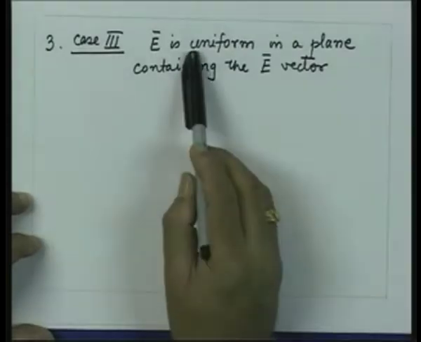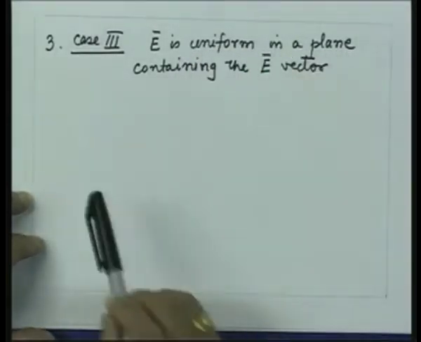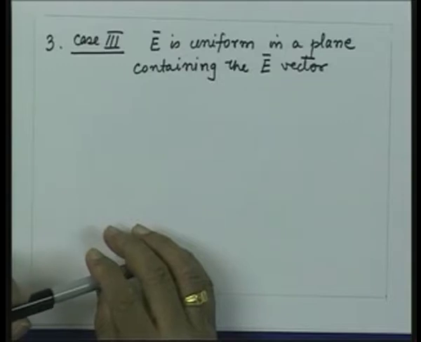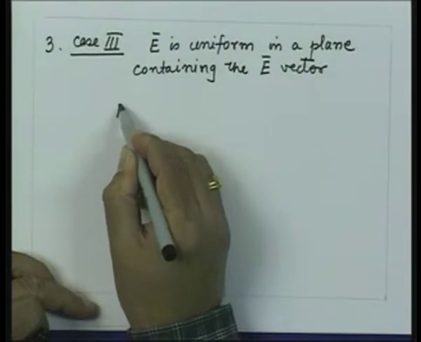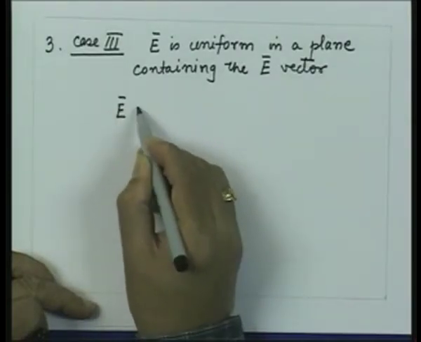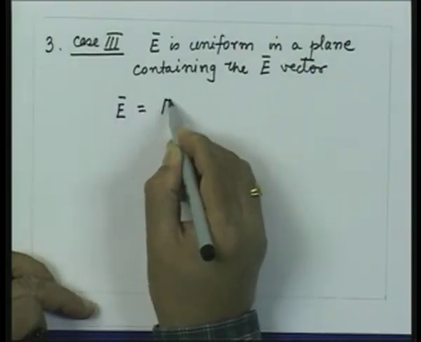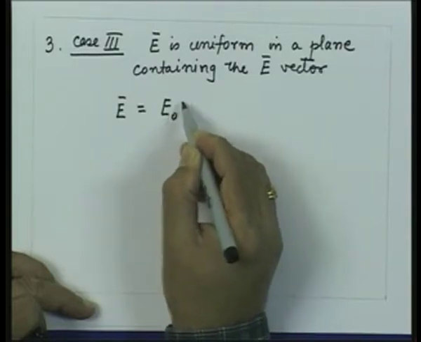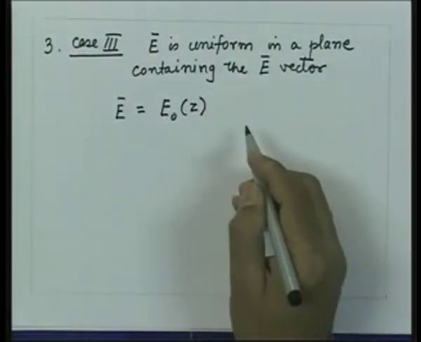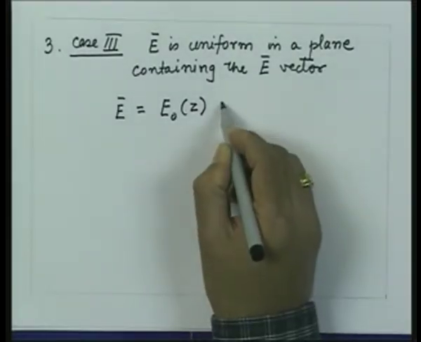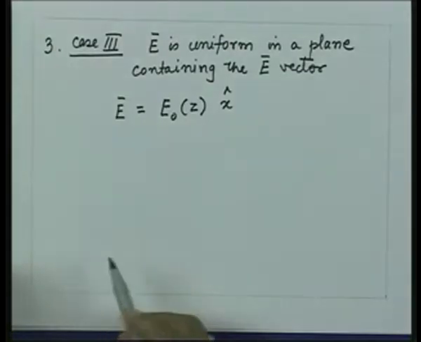So, it is uniform in a plane containing the x axis. Again, without losing generality we can assume that this is constant in the xy plane and it has a variation only in the z direction. So, we can say that your electric field E is some vector E0 which is now a function of z only, and it is oriented in x direction.